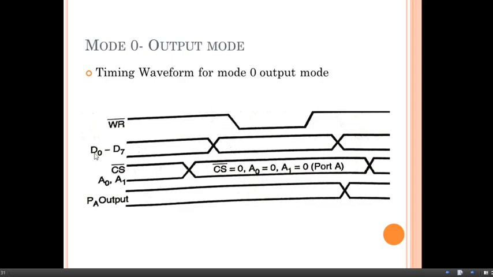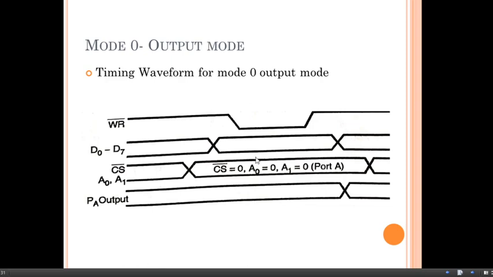So from this data bus D0 to D7, once the write bar is activated, the data is written on the output port, that is in this case port A. Now as the port is in output mode, the contents will get latched in the port, and these are the timing waveforms for mode 0 in output mode.